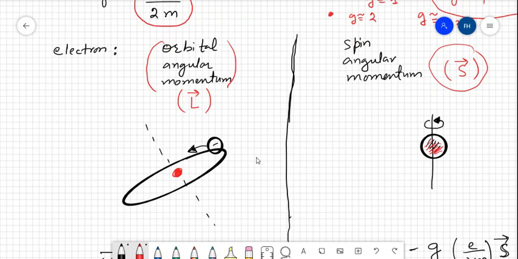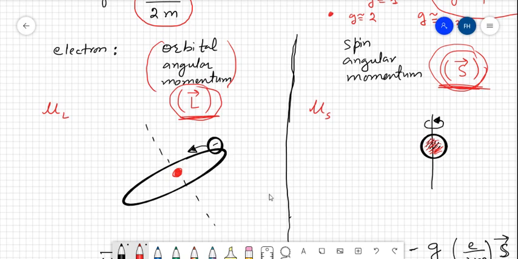It's not actually true, but you can visualize that the electron is spinning around its own axis. So there are two kinds of angular momentum possible, L and S, the orbital and the spin angular momentum. Accordingly we will have two magnetic moments, orbital magnetic moment and spin magnetic moment, mu L and mu S.